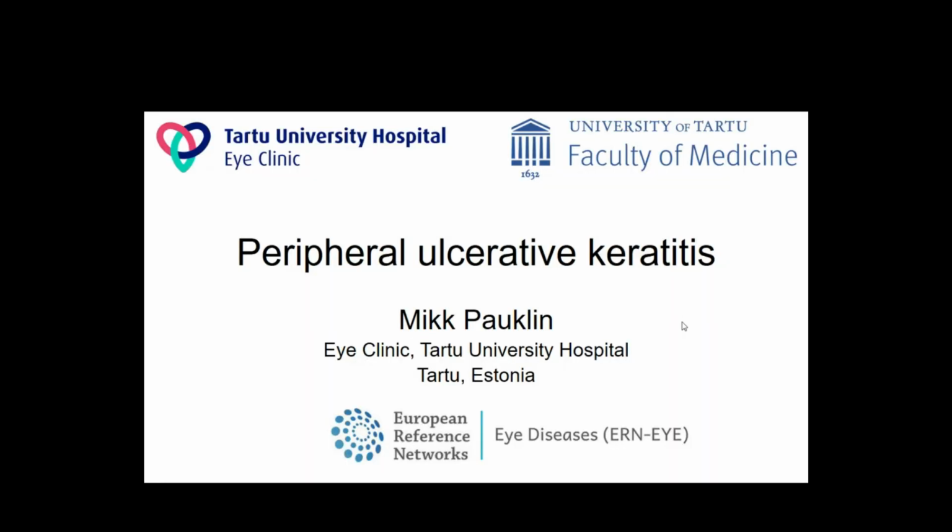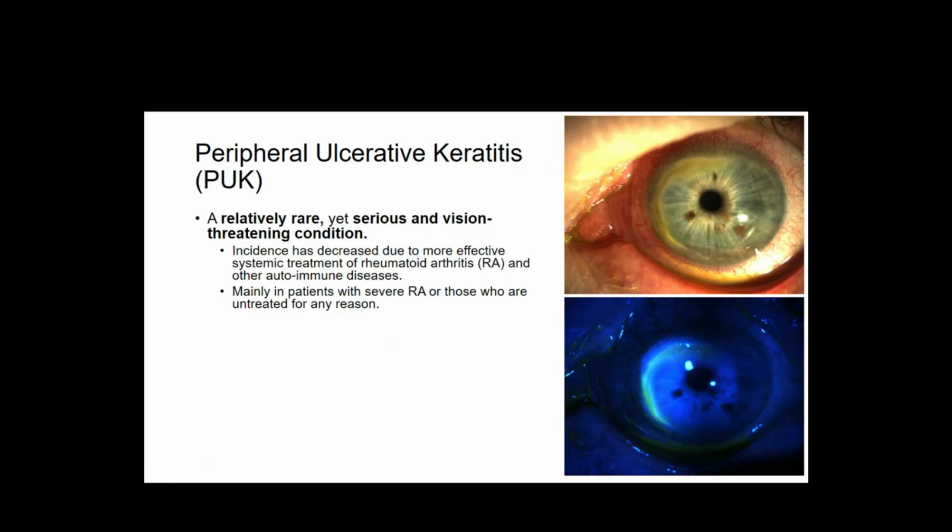Nevertheless, I would speak about this rather rare but still important condition. As you know, peripheral ulceration is quite rare, but it may be a serious condition leading to visual loss, and that's why we have to deal with this constantly. As we know, it is mainly related to immunological disease like rheumatoid arthritis.